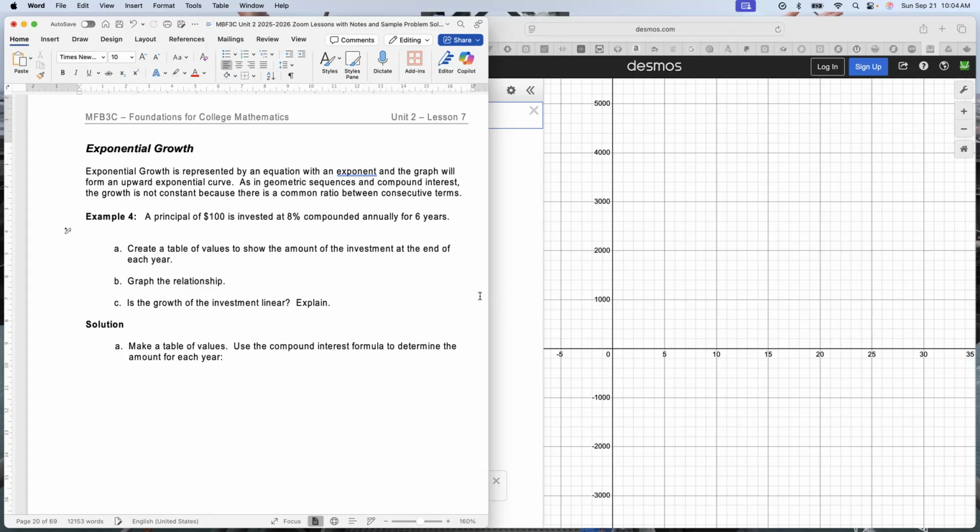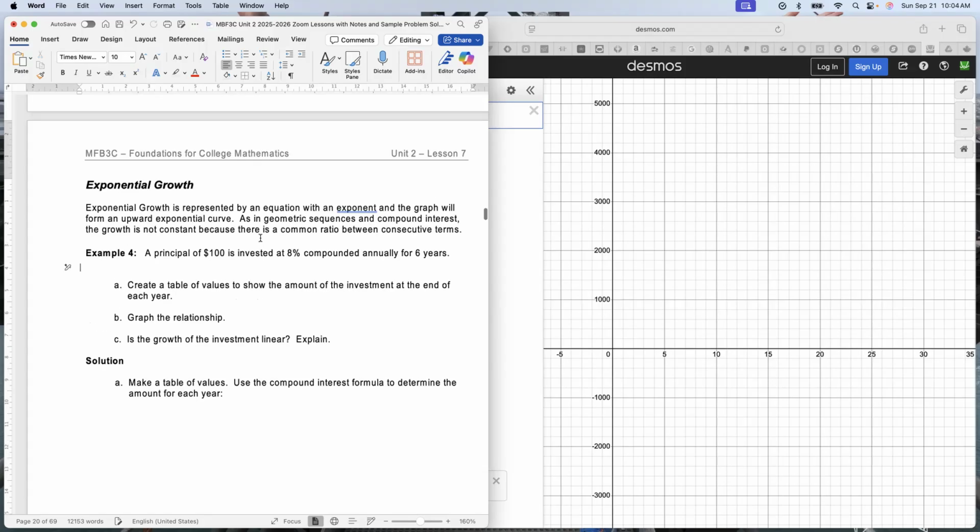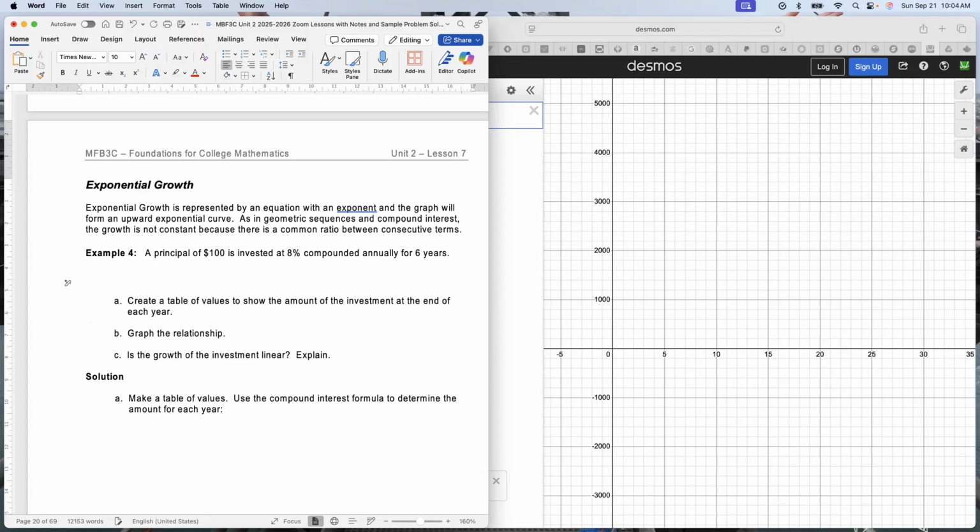Simple interest on $100: remember, I equals P times R times T. I'm going to put this in red, simple interest. I'm just adding this right now.